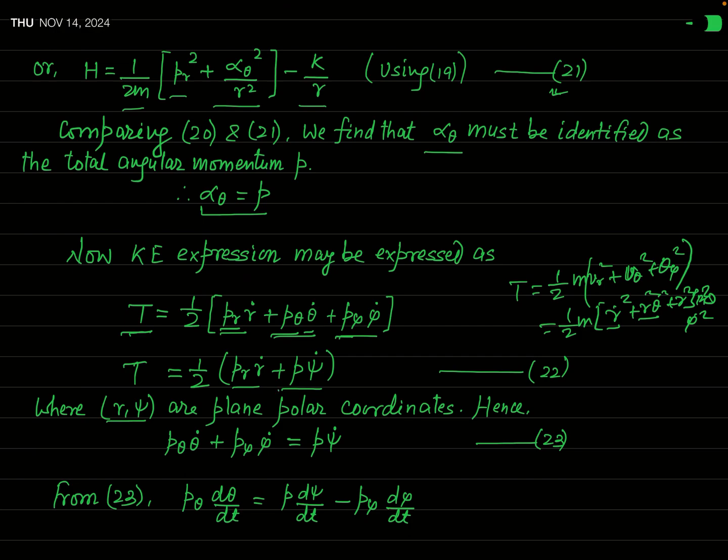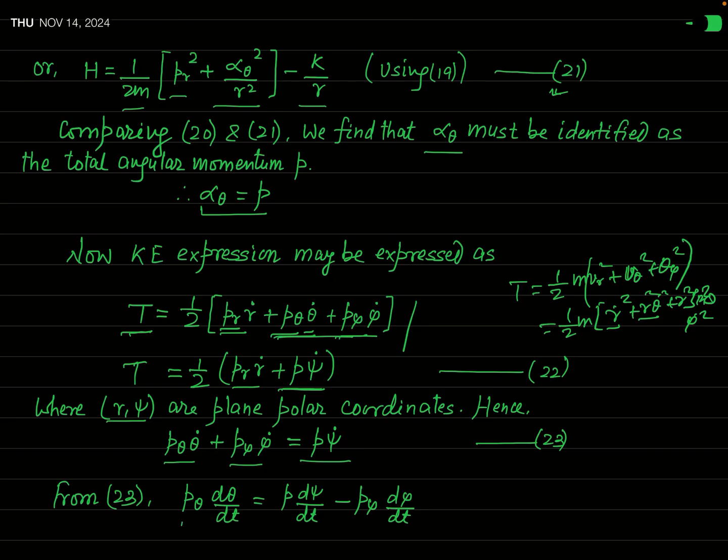So you can see this p psi dot has been written in place of p theta times theta dot plus p phi times phi dot. Comparing these two results, you can say that p theta times theta dot plus p phi times phi dot is equal to p psi dot.